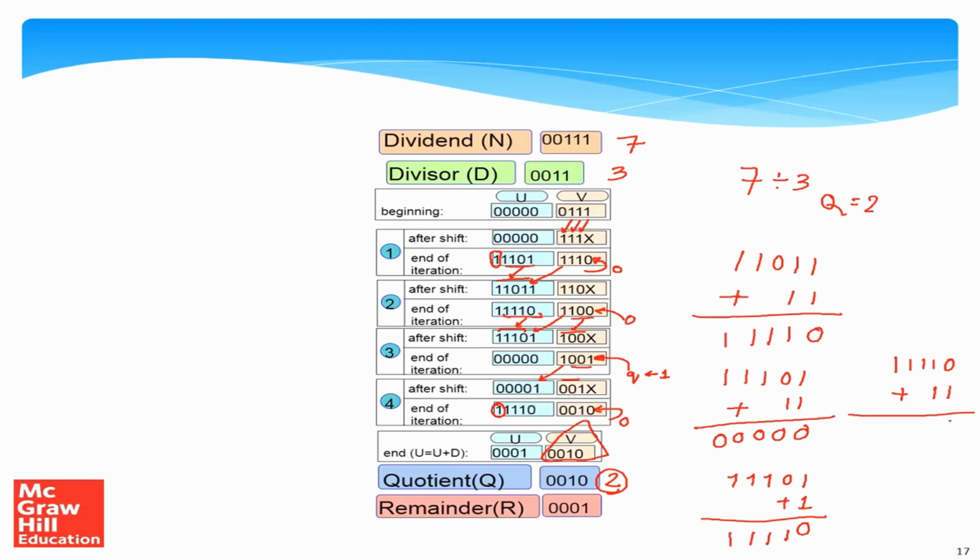So 0 plus 1 is 1. 1 plus 1 is again 0, carry a 1. So the rest will be all zeros. That's the reason we see 001 here. So 001 is the remainder, right? The remainder is 1 and the quotient is 2.